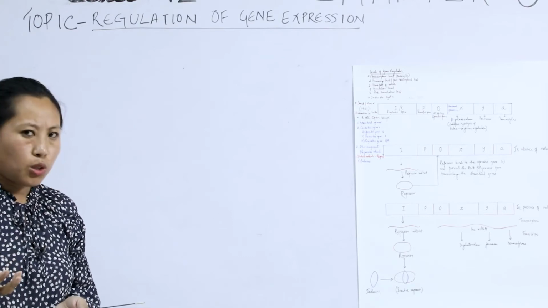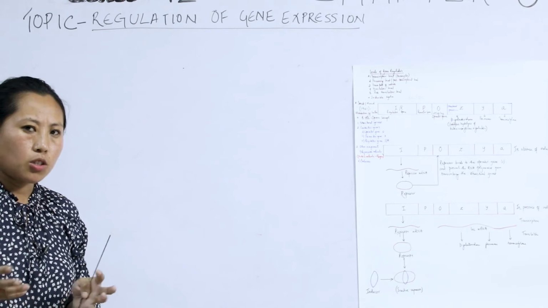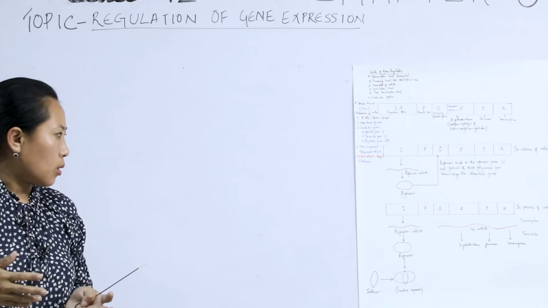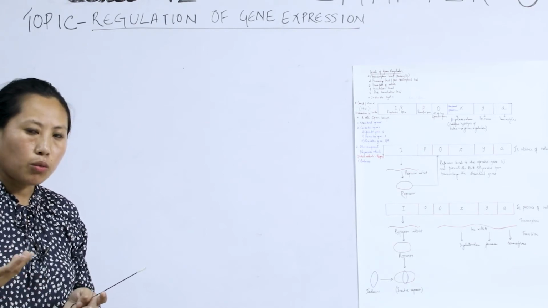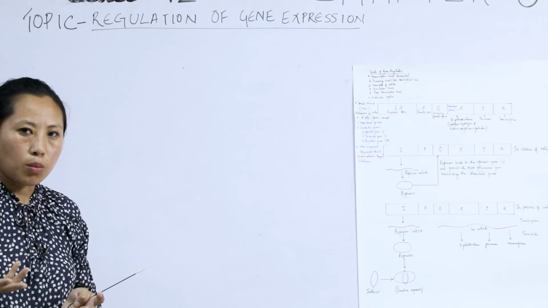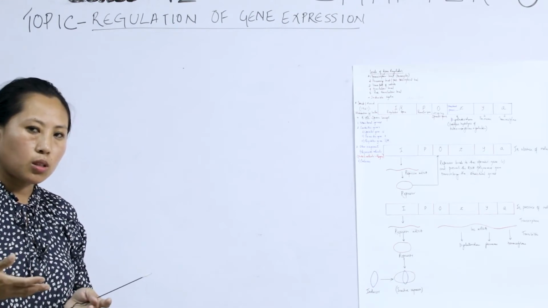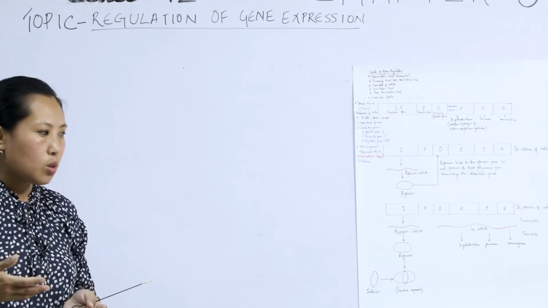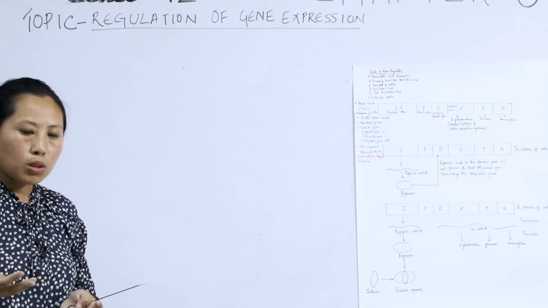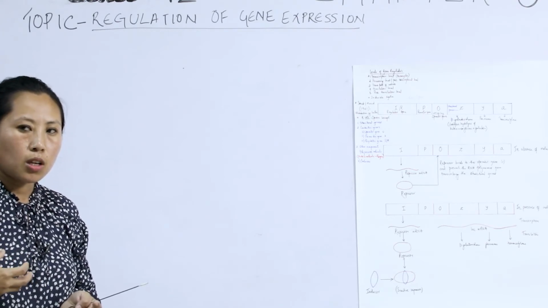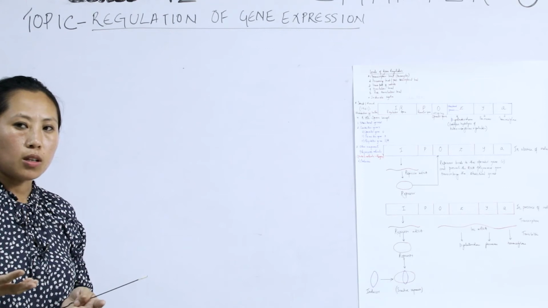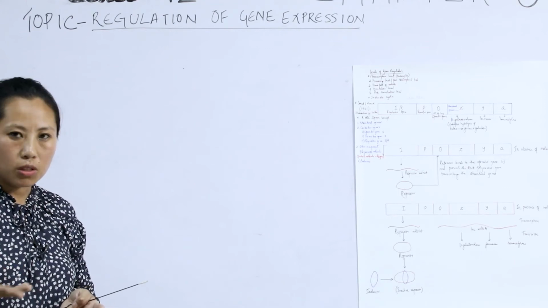where the expression of genes, you know that DNA contains the genetic information, and all the phenotypic characters of an individual are expressed in the form of proteins, which are determined by the sequence of amino acids in the DNA. The synthesis of proteins takes place in two steps, transcription and translation.